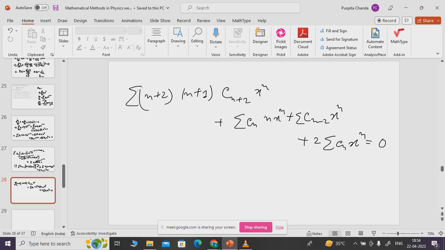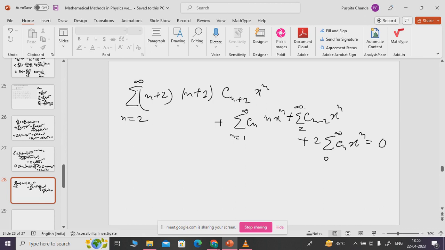Now in these equations, n starts from 2 to infinity here. Here it starts from n equal to 1 to infinity. It is 0 to infinity. It is also 2 to infinity. So if we add these together, these are all the coefficients of x to the power n.